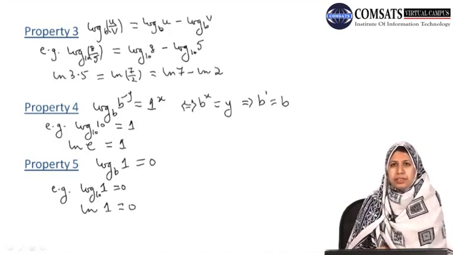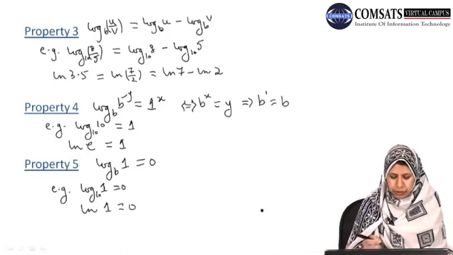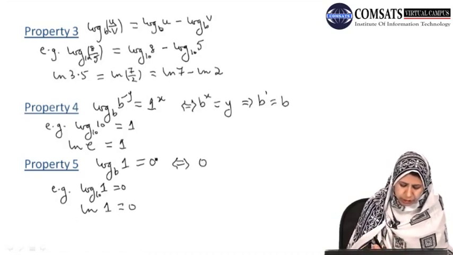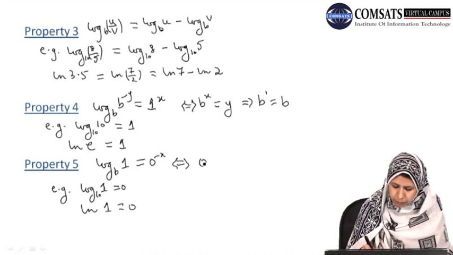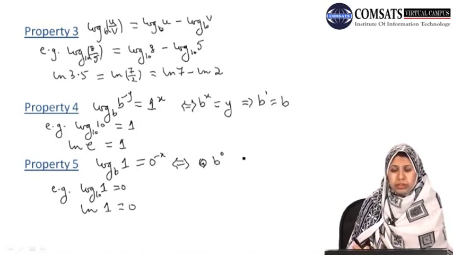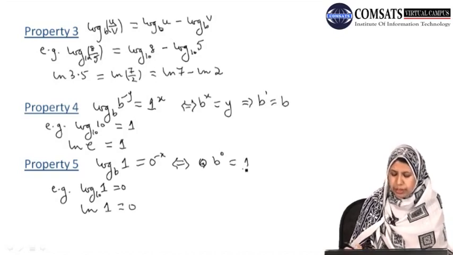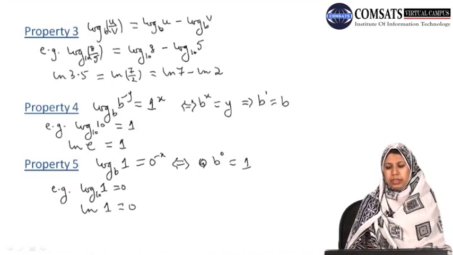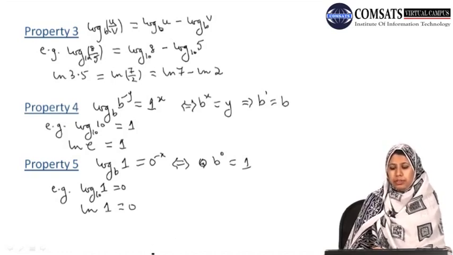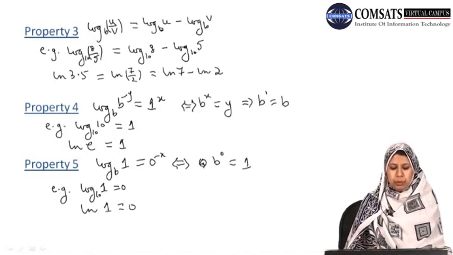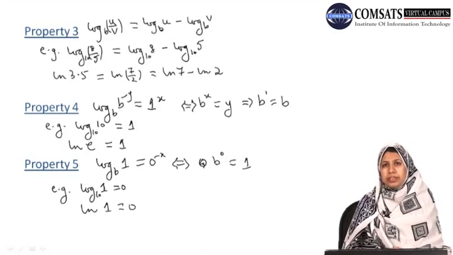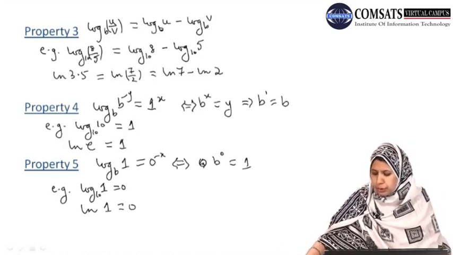If we want to verify this result by using the equivalent exponent form, what do we obtain? We obtain that 0 is the x here, so b to the power 0 is equal to 1, which is true by using the property of exponents. That is, any number raised to the power 0 is always equal to 1. So property 5 says that log of 1 with any base is always equal to 0.